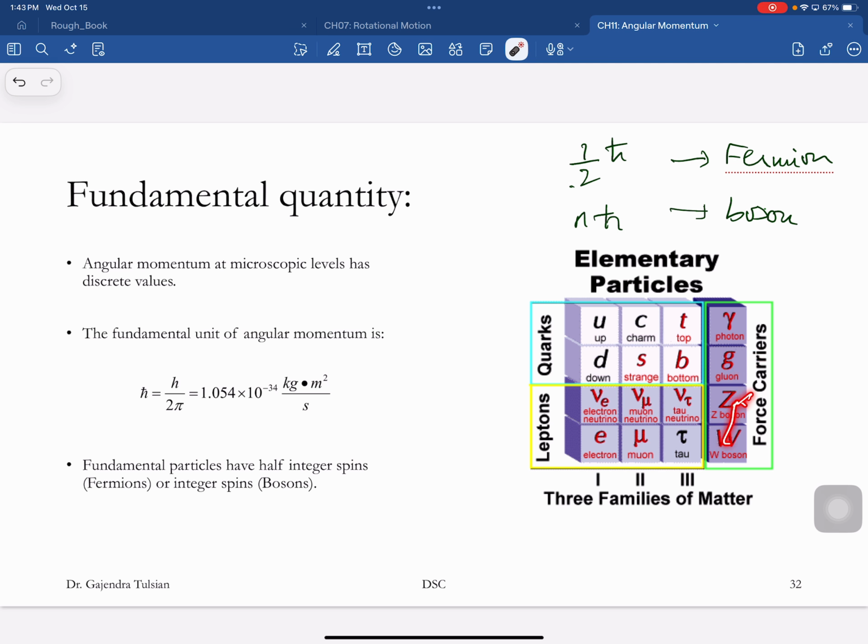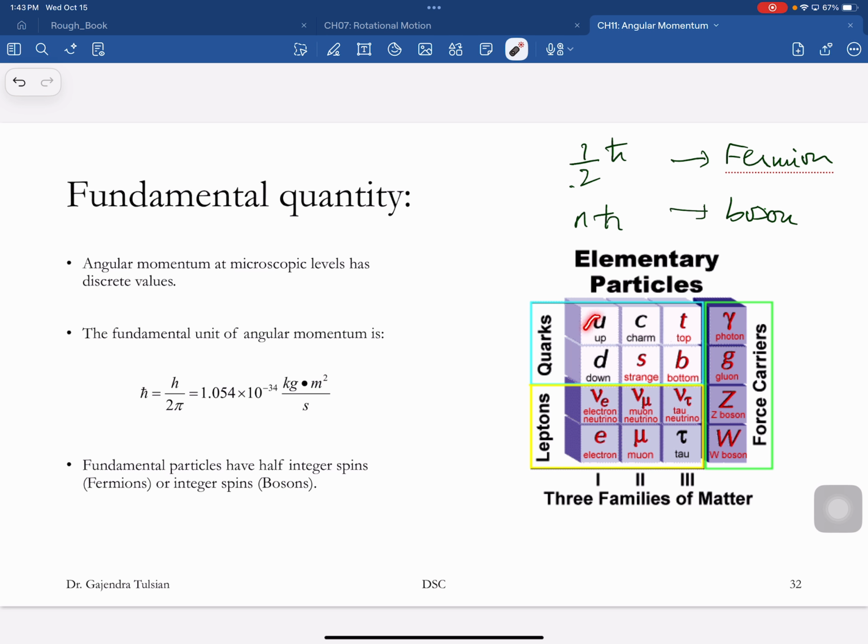The Z and W bosons mediate the weak force. These are the 6 kinds of quarks, including the top quark. Only some of these are stable. What are the stable particles that you see in the universe? Protons, neutrons, and electrons.